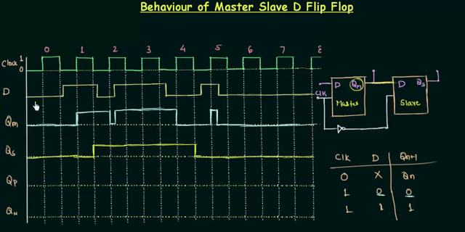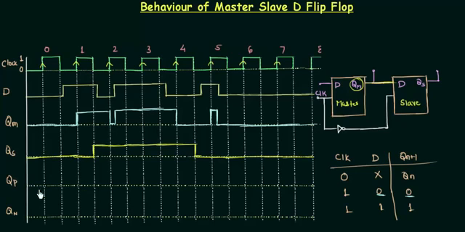So the input is D, and we have to consider the change in the circuit when the clock goes from low to high. It means all the rising edges. This is the positive edge triggering, you already know, and the D flip-flop is working only when the clock goes from low to high. So let's check what we got in case of QP.